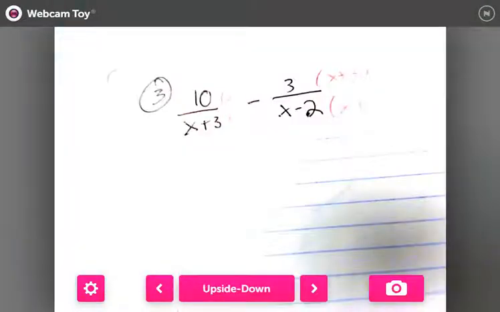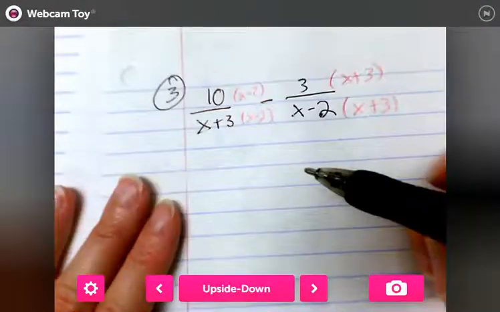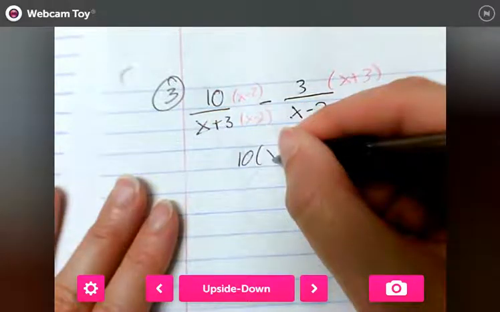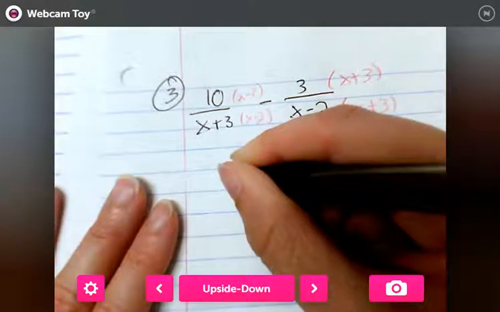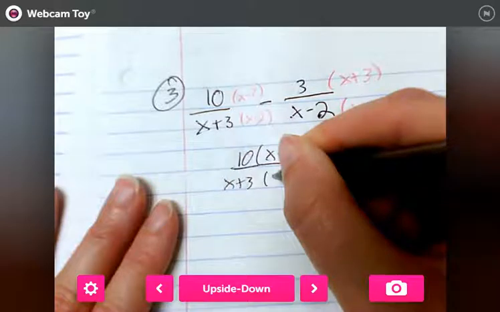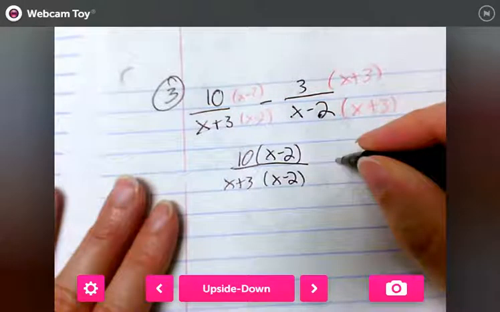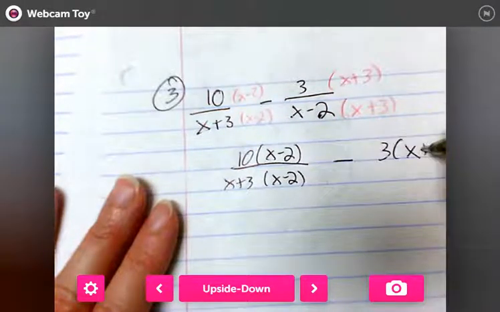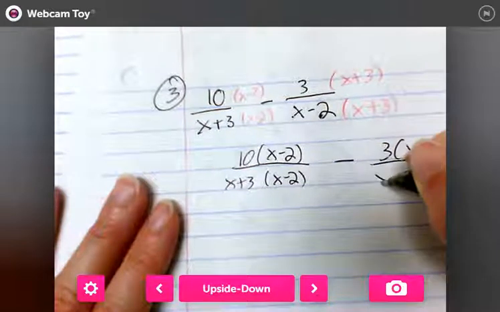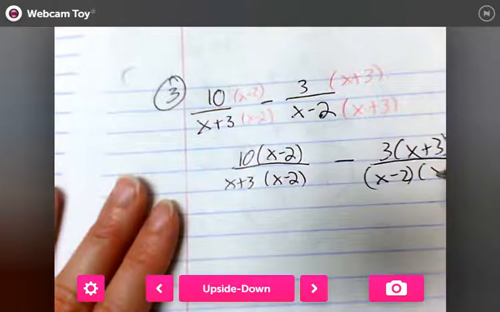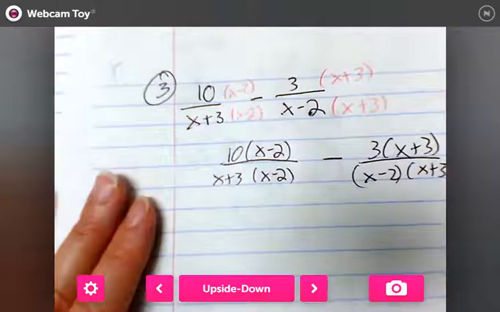Okay? Because they have to match. So I'm going to get 10 times x minus 2 over x plus 3 times x minus 2, minus 3 times x plus 3 over x minus 2 times x plus 3. Okay. Are the bottoms the same now?